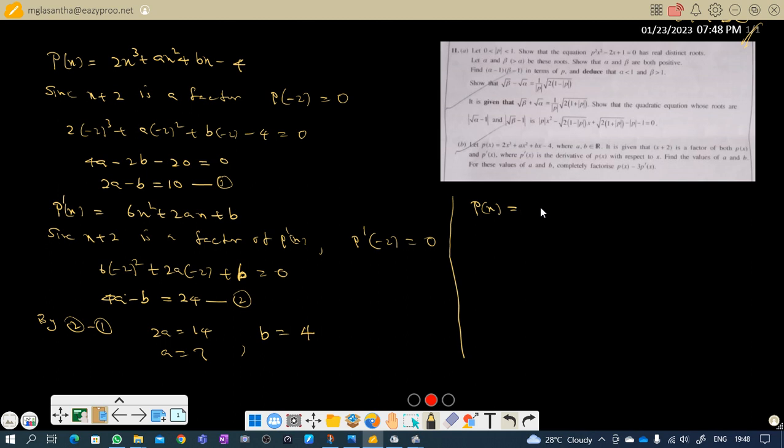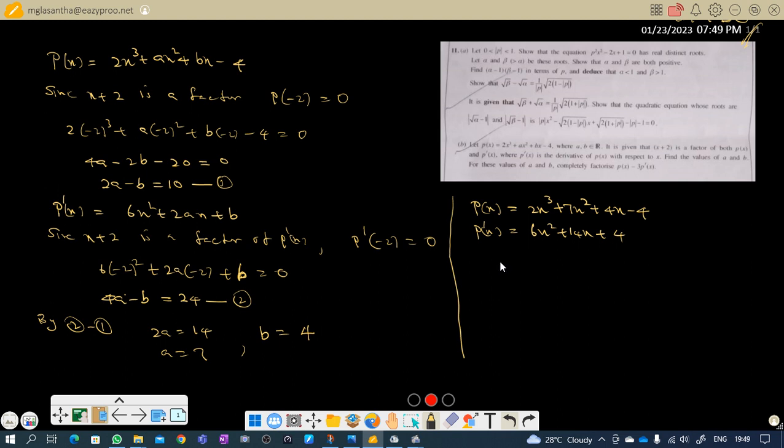P(x) is equal to 2x cubed plus 7x squared plus 4x minus 4. Then what is P'(x)? P'(x) equals 6x squared plus 14x plus 4.